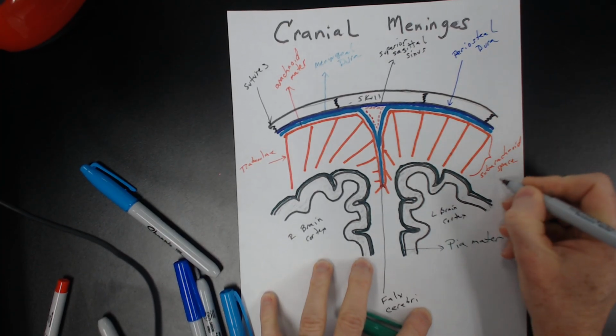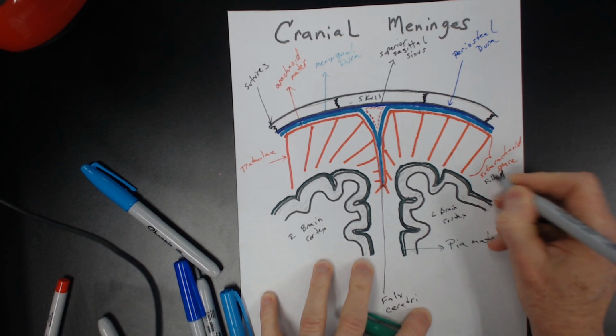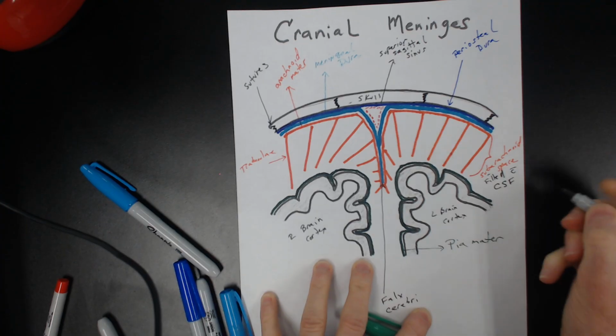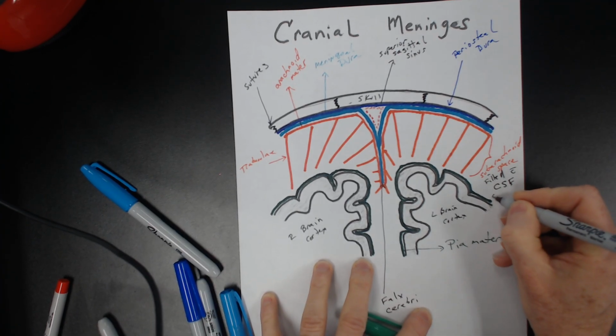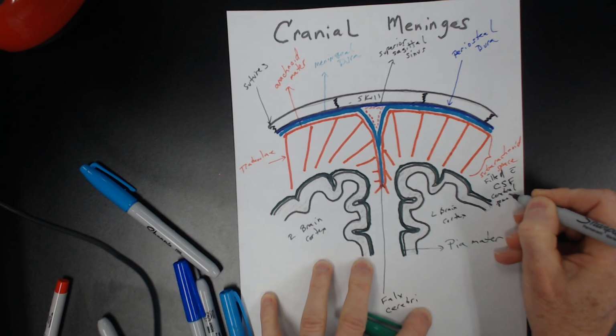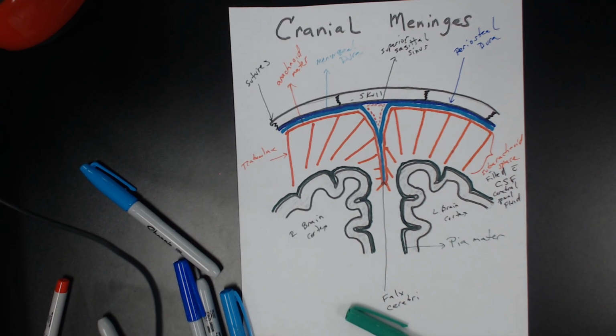So I'm going to say the subarachnoid space is filled with CSF. CSF is cerebral spinal fluid. Like I said, we'll talk more about CSF when we get to the ventricular system, but you should be very aware that the subarachnoid space is filled with CSF. CSF is cerebrospinal fluid.